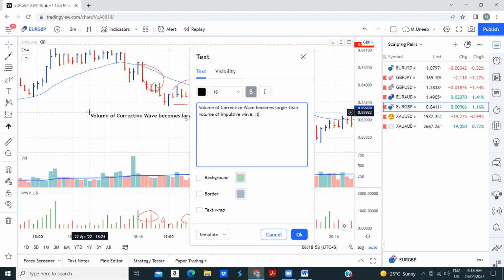It tells you that the downtrend is losing momentum and bulls are overpowering bears. Soon an uptrend will start.